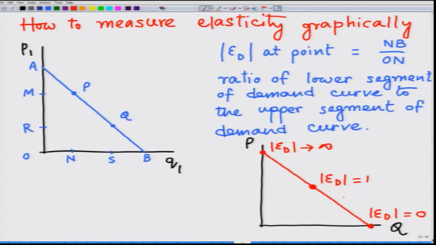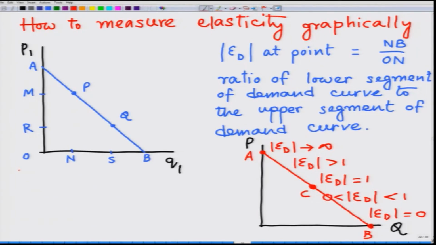So, for interim points between point C and point B, the elasticity will be less than 1 and greater than 0, and for points along the demand curve segment AC, the elasticity values will definitely be greater than 1.